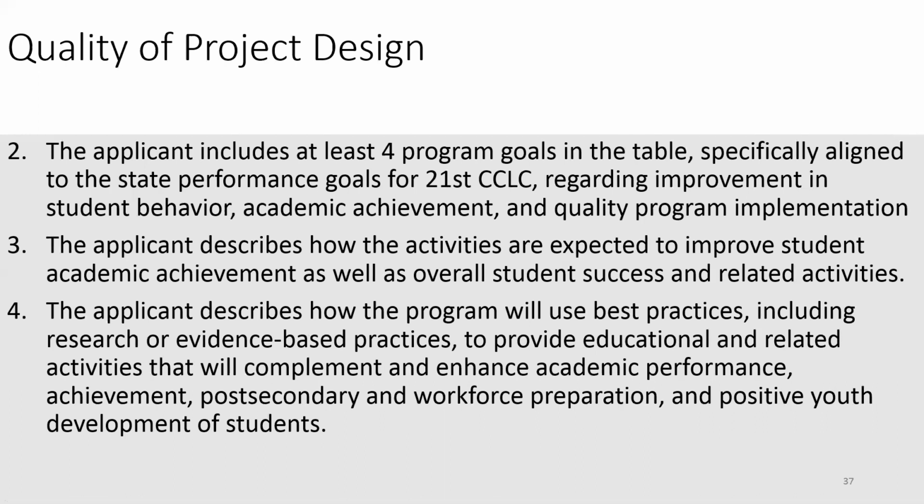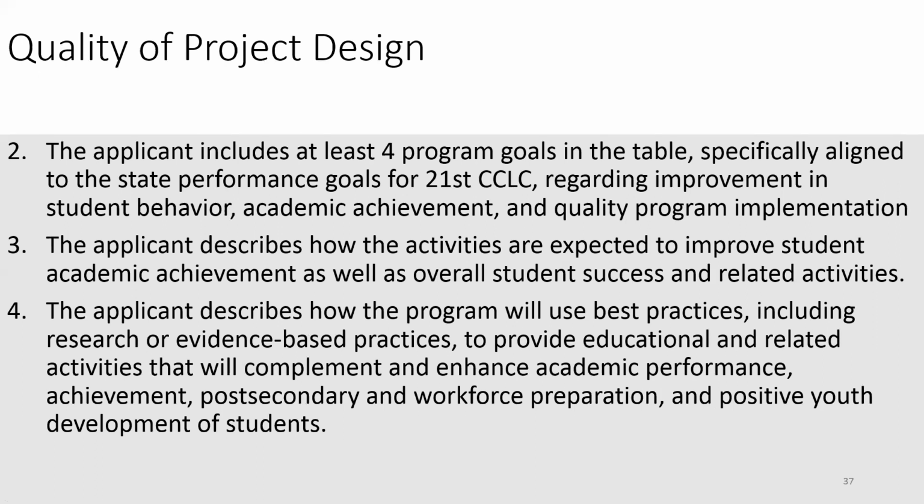This is a new feature this year. We're asking for 4 program goals in this table or matrix that are specifically aligned to the state performance targets listed on pages 13 through 15 in the RFP.